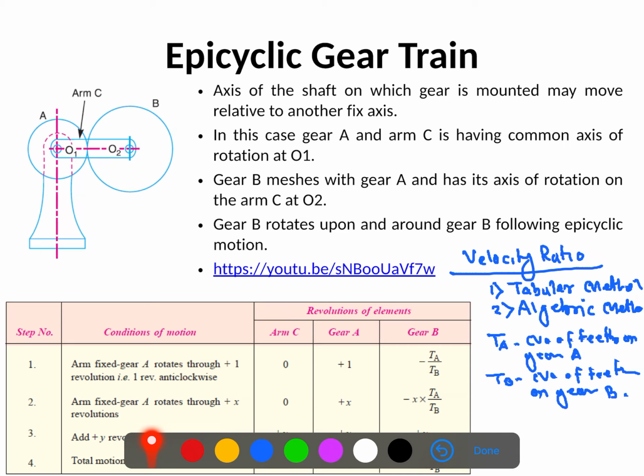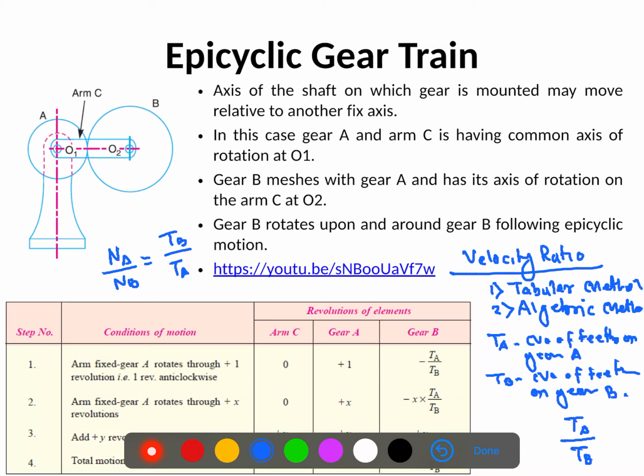As we know, the velocity ratio Na by Nb is equal to Tb by Ta.